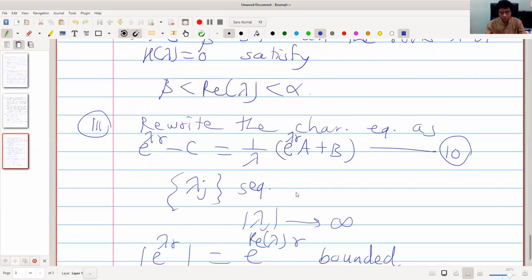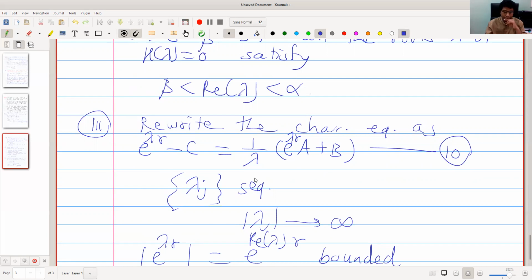So though we are taking mod lambda j tends to infinity, along this sequence this term is bounded, but the 1 upon lambda term will approach the origin. So the right hand side tends to 0 along this sequence, which means the left hand side as well. We consider two parts: the left hand side as a function e raised to lambda r minus c, and the right hand side as a function 1 upon lambda into e raised to lambda r into a plus b.